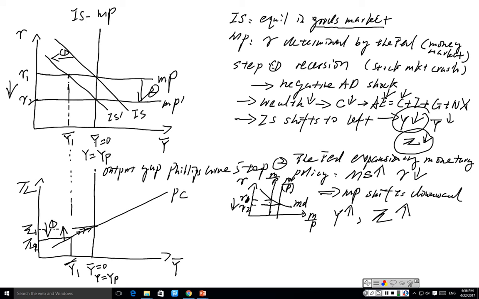In that case, Y will increase from Y1 back to Y bar 0. But using the output gap Phillips curve, you will find that in order to move from Y1 back to Y bar 0, the inflation rate has to go up. So that's how the Federal Reserve fights the recession using monetary policy. We combine the IS-MP model with the output gap Phillips curve model together to analyze this case.